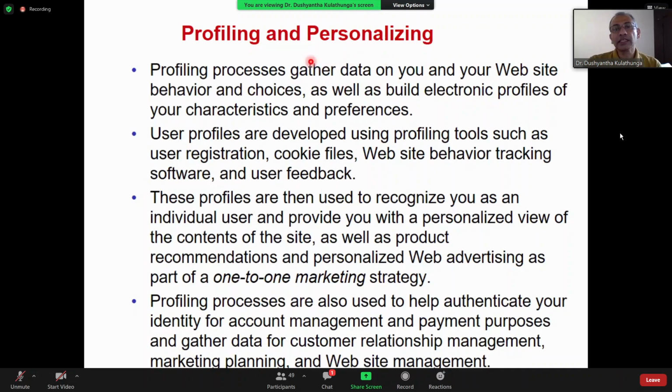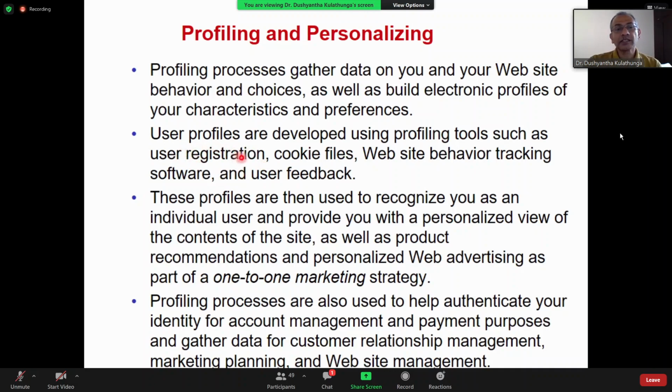So how do you gather data? There are different options available to an organization to gather data on individuals. Here, some examples are given. These are not all, as organizations may use other options as well. First one is the user registration method.